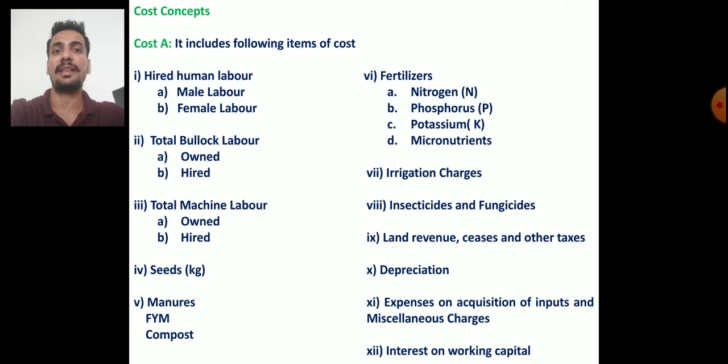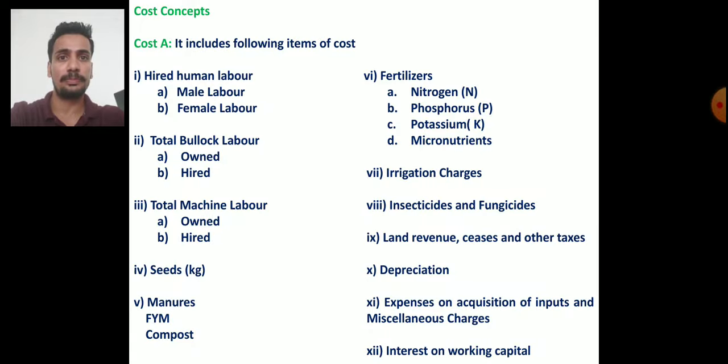All these 11 items come under the working capital. Now we have to calculate the interest on working capital at the rate of 6%, 7%, or 4, 5, 6 or 7%.